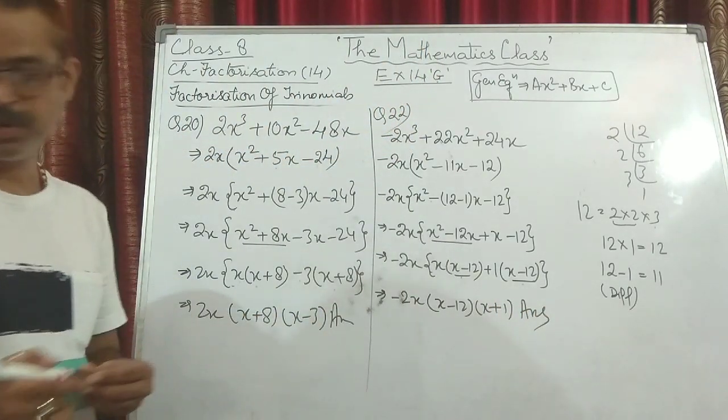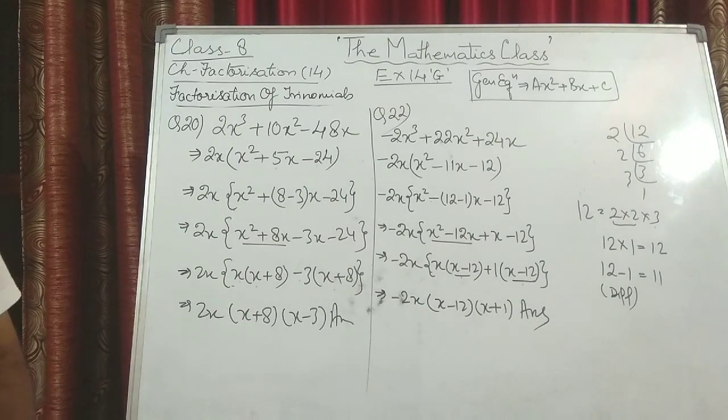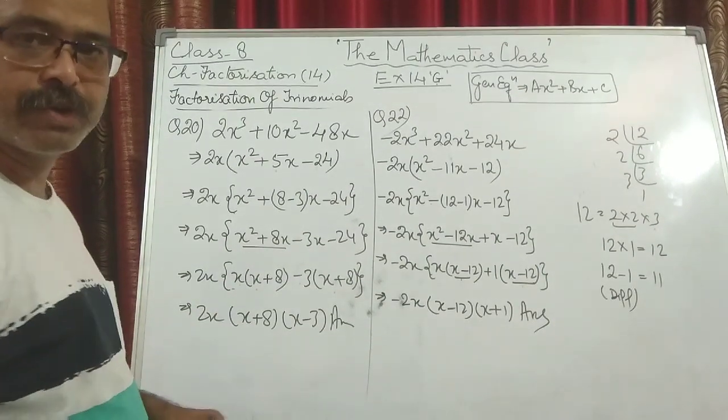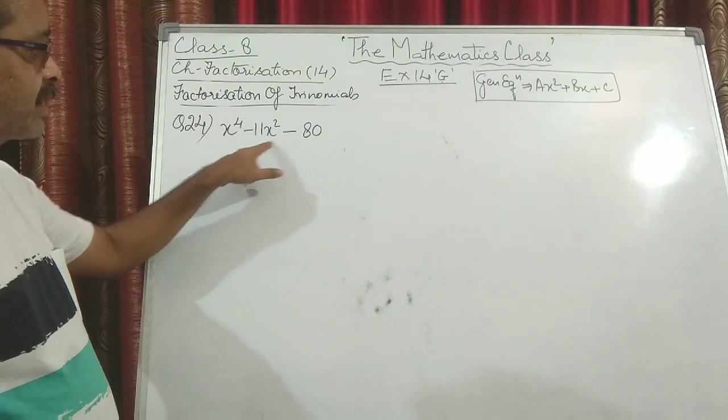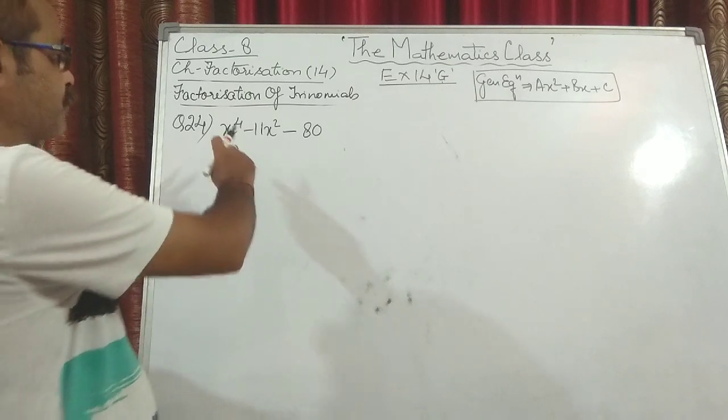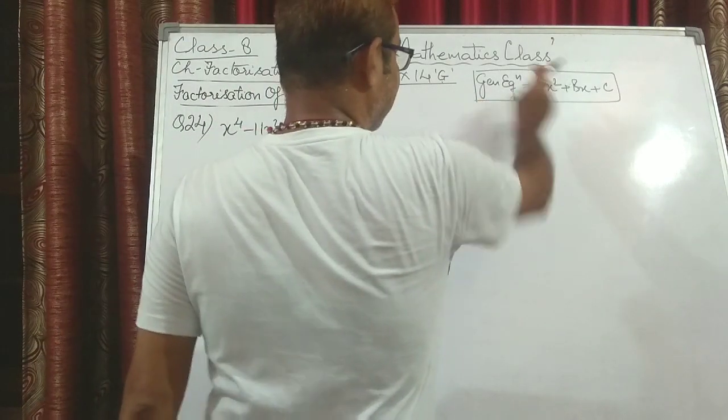Now one question is left, that is question number 24. We are going to discuss question number 24. Now this question is x to the power 4 minus 11x square minus 80. So first of all we will convert it into a quadratic in x square.